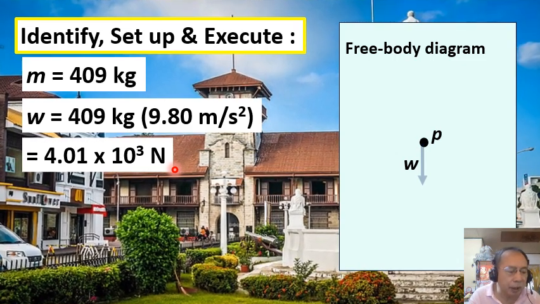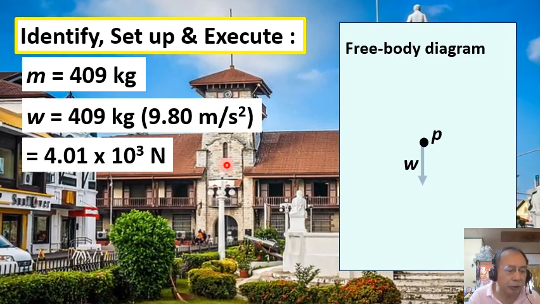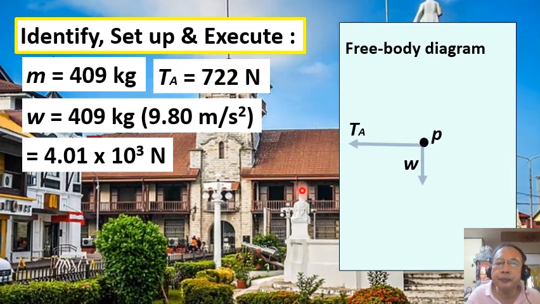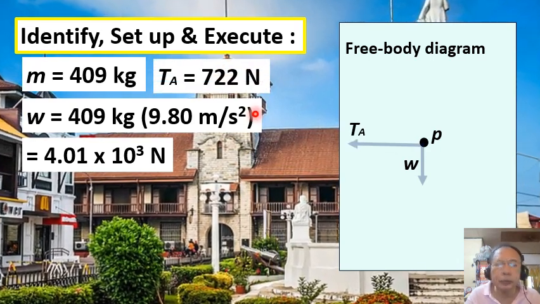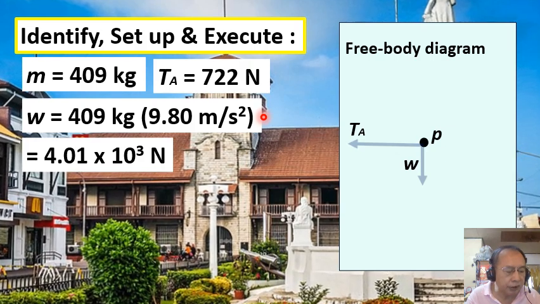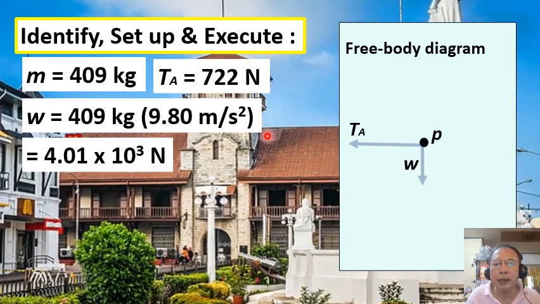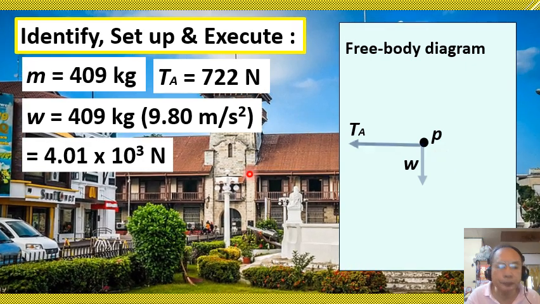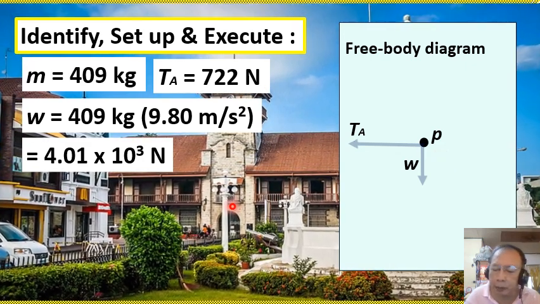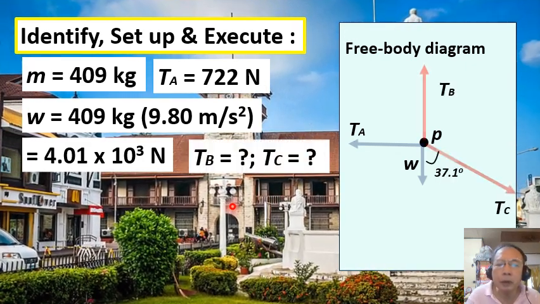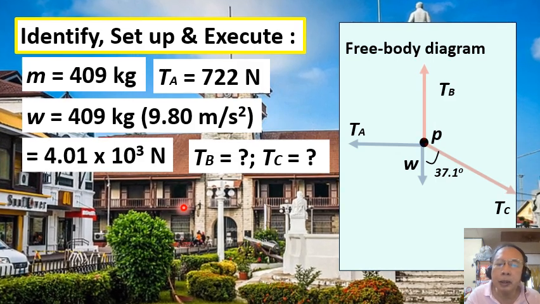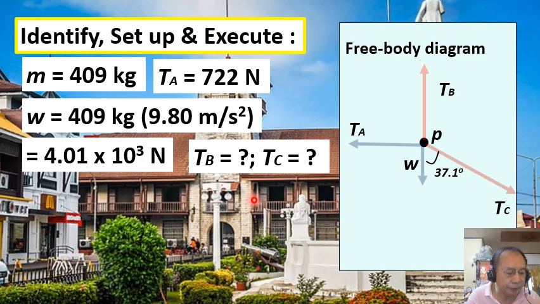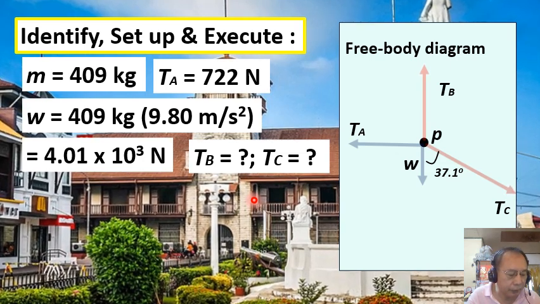The tension TA in cable A is also given equal to 722 newtons, and this is directed to the left of the imaginary particle P. And our target variables are the tension TB as well as the tension TC.